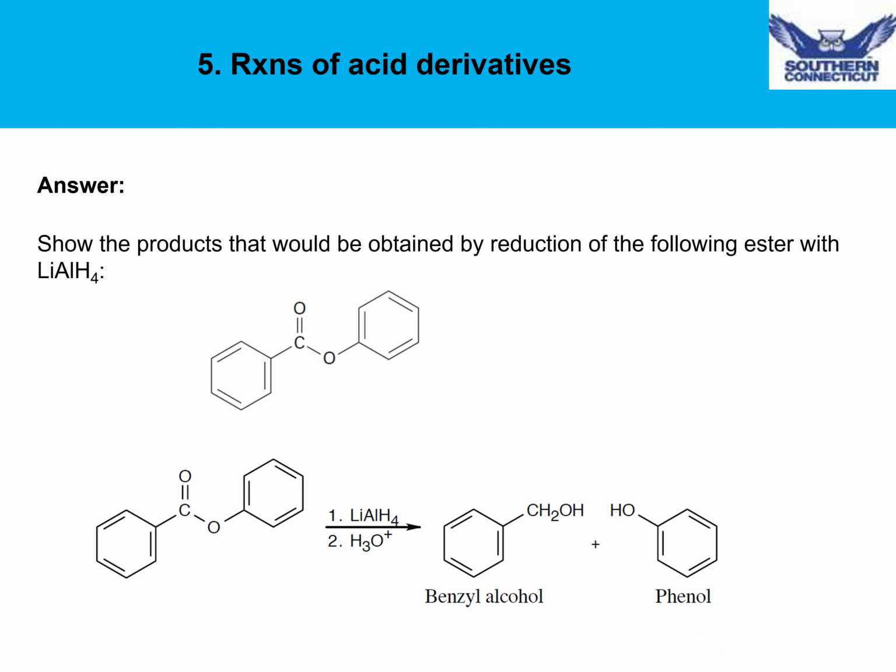So the hydride, in this case lithium aluminum hydride, would add to the carbonyl once to give us initially an aldehyde by eliminating this phenoxy group, and then it would add a second time to give us the primary alcohol we see here, which is benzyl alcohol. The phenol that you see on the right side is a byproduct from the elimination of the phenoxy group of the ester in the first addition of the hydride.